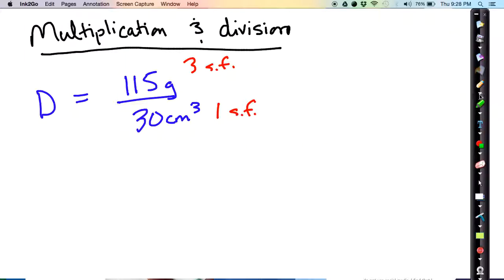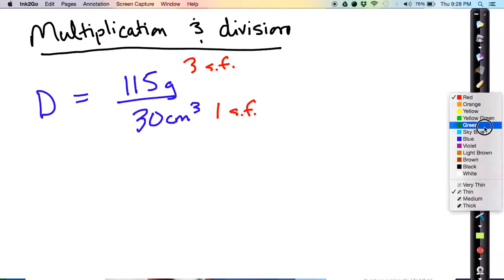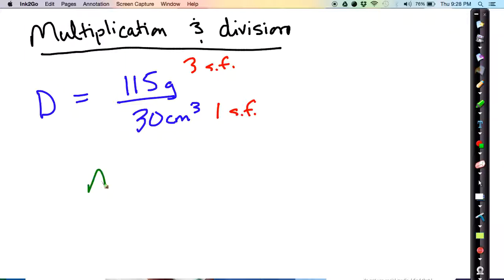So what is the rule for rounding when performing multiplication or division to the appropriate number of significant figures? Well, it turns out that your answer in the case of multiplication or division must have the same number of sig figs as the original value with the least number of sig figs.